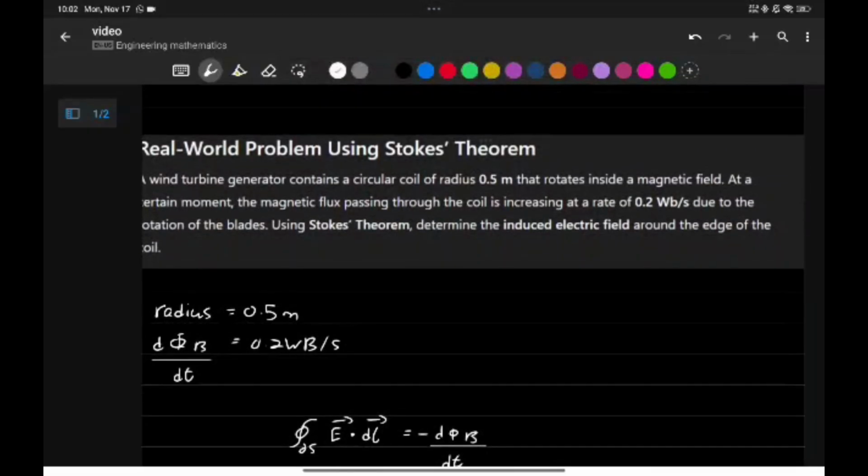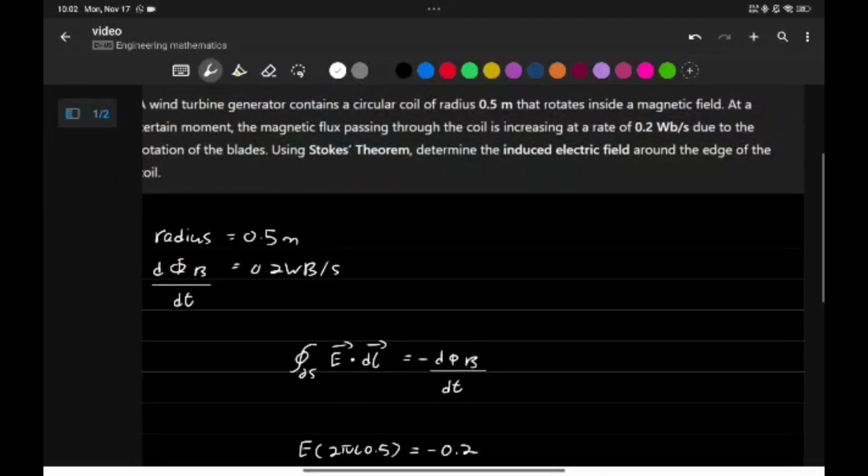Now, this is a question regarding a real-world problem using Stokes' theorem. A wind turbine generator contains a circular coil of radius 0.5 meter that rotates inside a magnetic field. At a certain moment, the magnetic flux passing through the coil is increasing at the rate of 0.2 Weber per second due to the rotation of the blades. Using Stokes' theorem, determine the induced electric field around the edge of the coil.